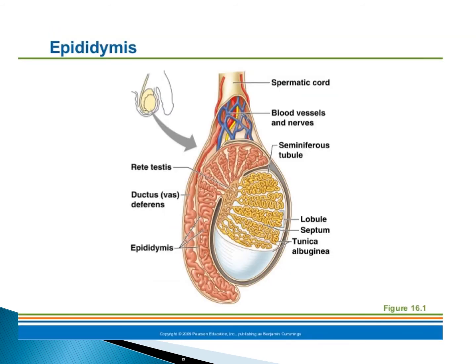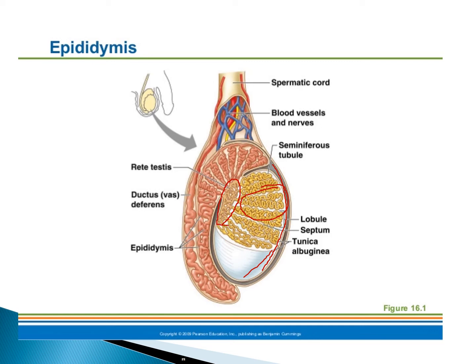If you see here, in a testis, these are the testicular lobules and in each testicular lobule, these are the seminiferous tubules where sperms are present. Once the sperm formation is done, sperms are transferred into the rete testis. This area is shown in the brown color. You can locate it.